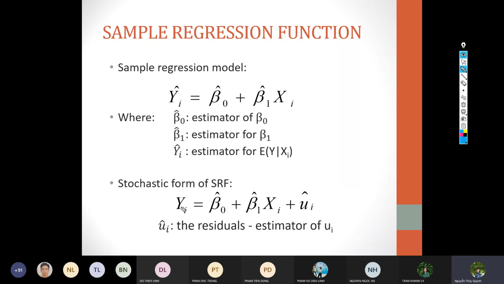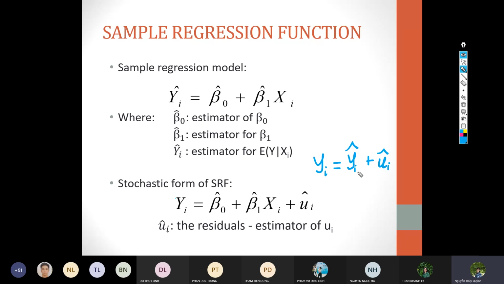That is, we have the observed value of y in the sample equal to the fitted value or the estimated value of y plus a component that we call the residuals of the model.